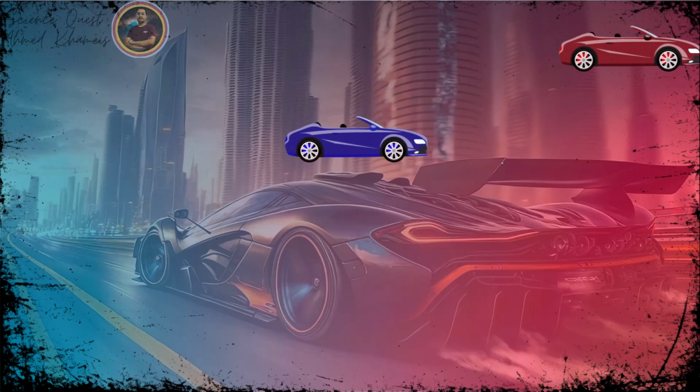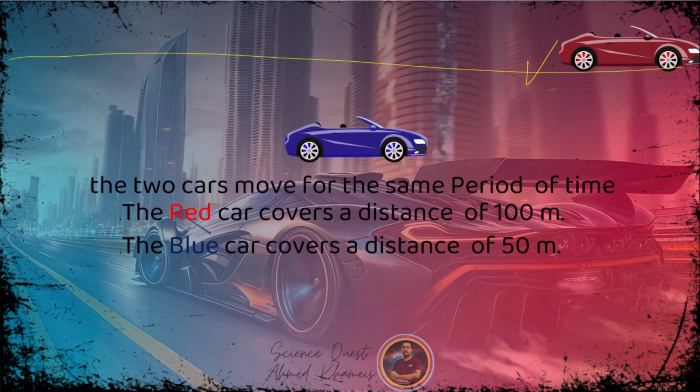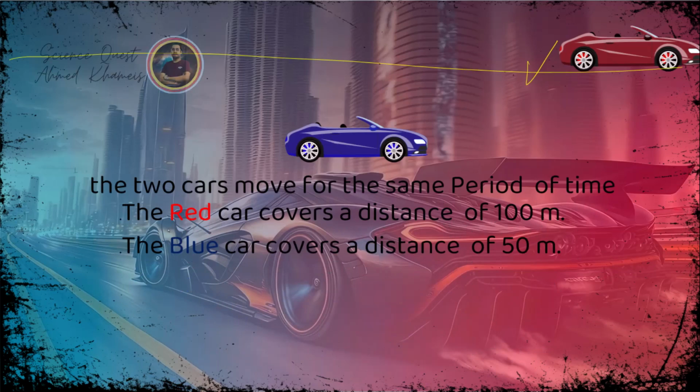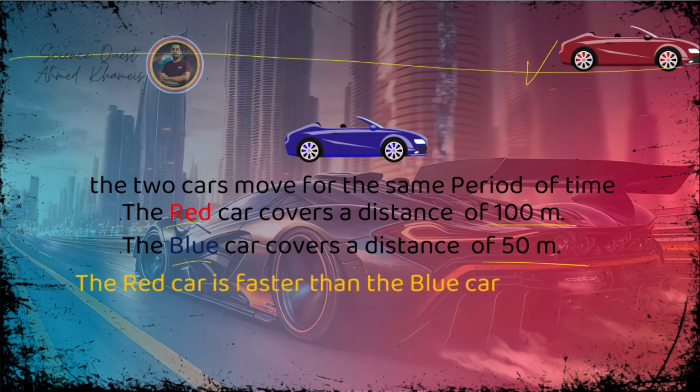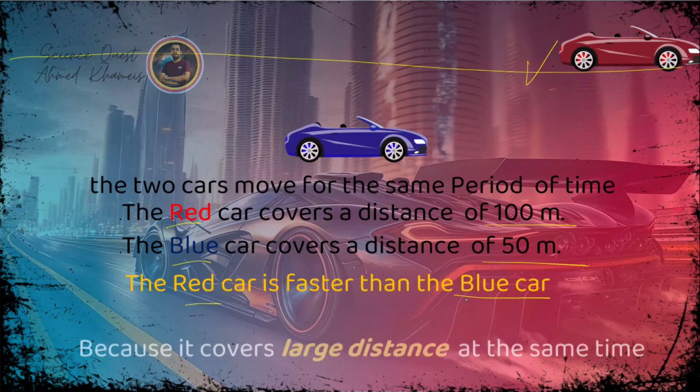Again, we will agree that the red car is faster because it takes the same time to cover a larger distance. So the red car covers 100 meters, the blue car covers 50 meters. So the red car is faster than the blue car because it takes the same time to cover more distance.